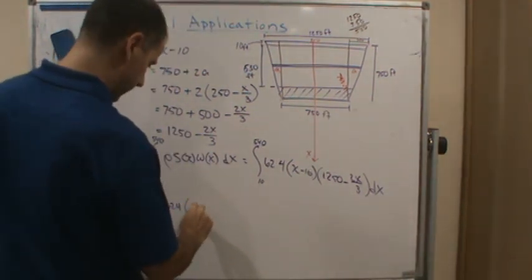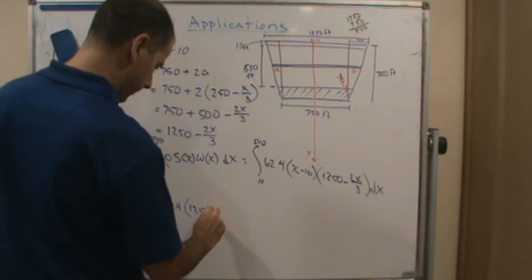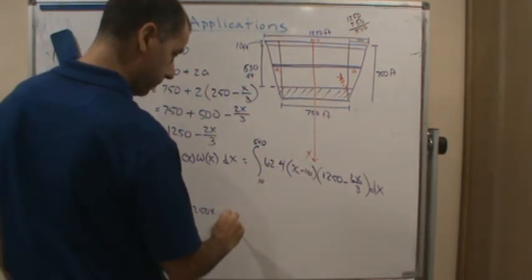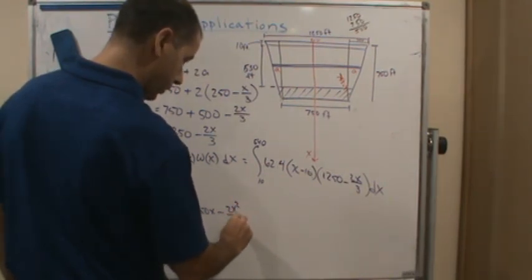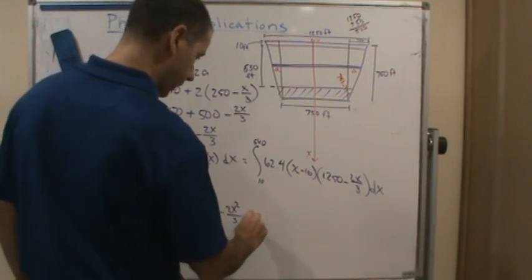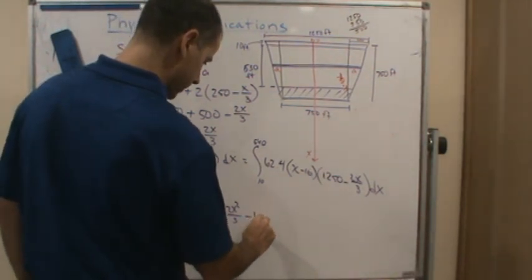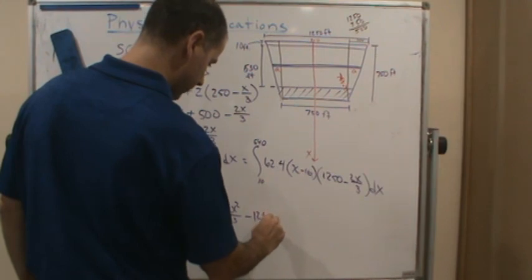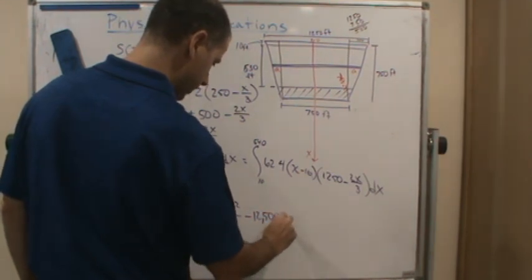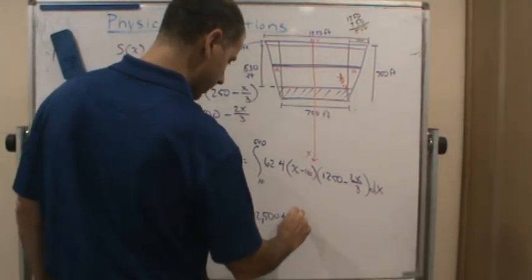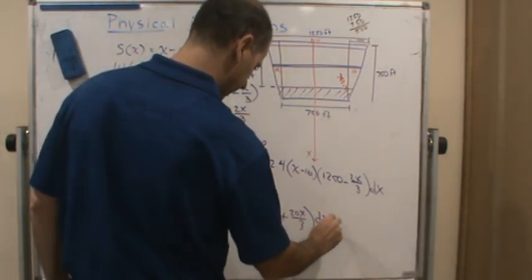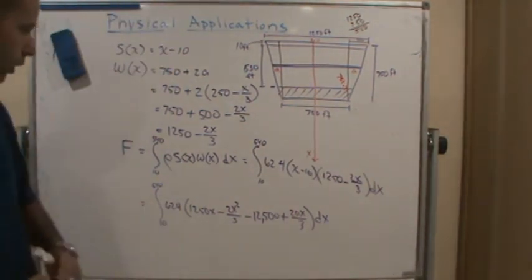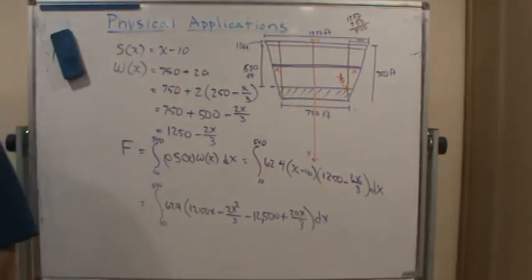So this is going to be 1250x minus 2x squared over 3, and it's going to be minus 12,500 plus 20x over 3 dx. Okay, so all I did was use the FOIL method and I distributed.